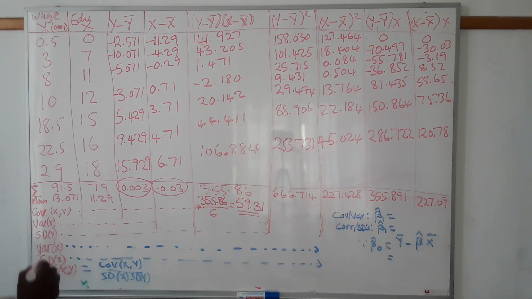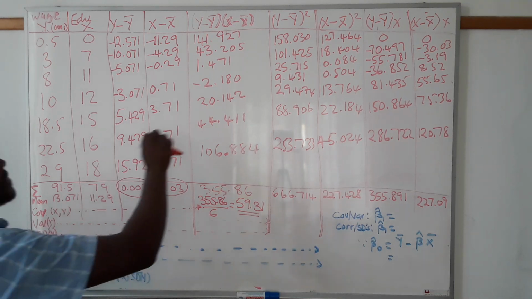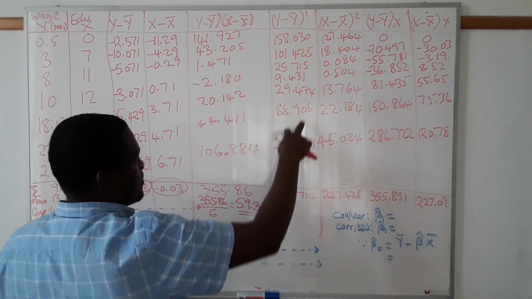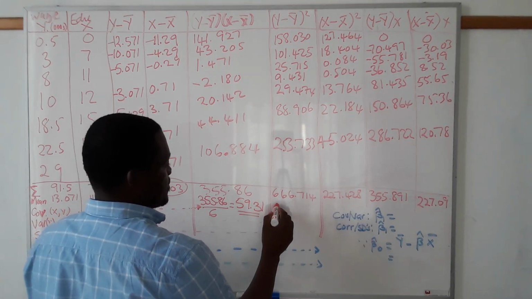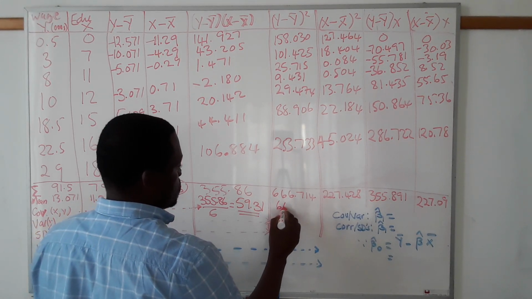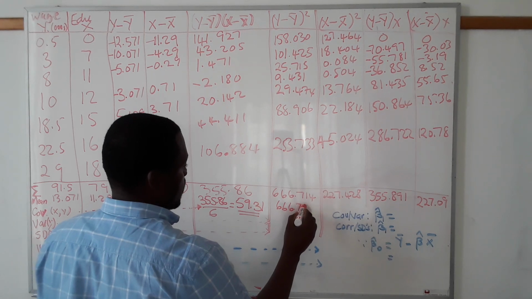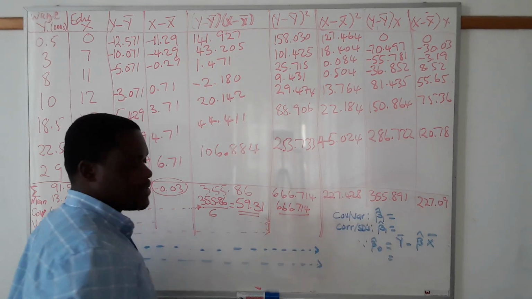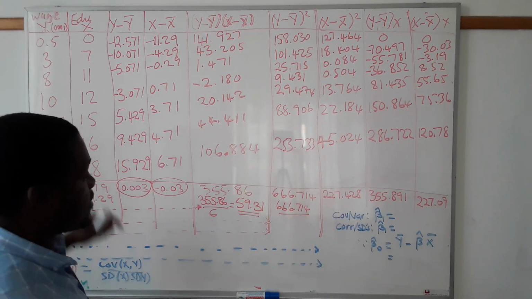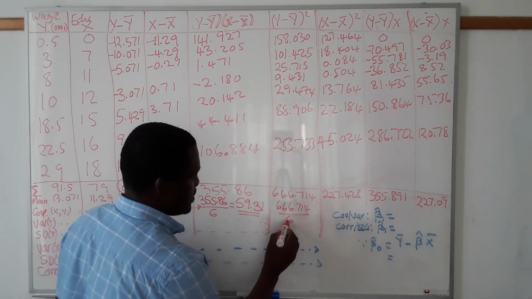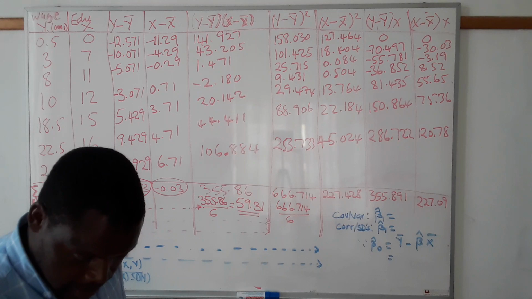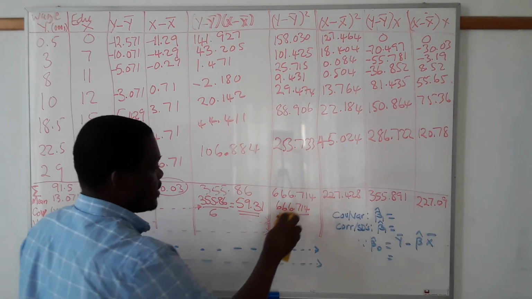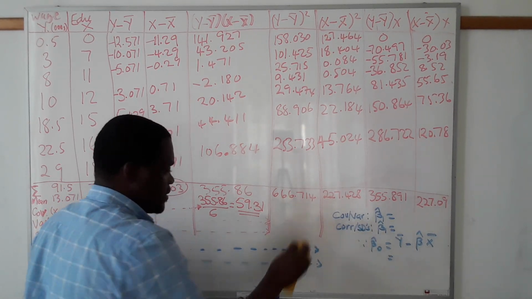The variance of y requires us to come under this column. This is the total. Now the variance is equal to this total divided by degrees of freedom, which is 7 minus 1, which is 6. Now I don't have space. Can I just squeeze here?